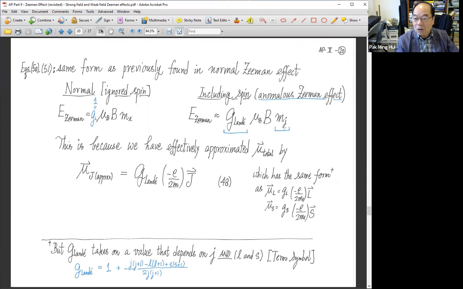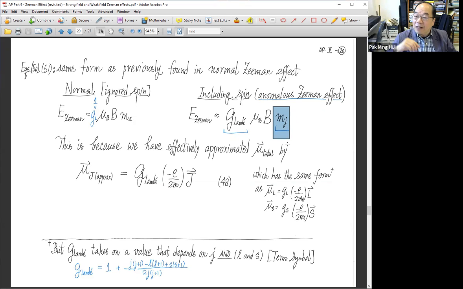So for example, P state, L is 1, spin is half, J can be 3/2, 1.5, all right? Now, MJ in that case can take on 4 values: 1.5, 0.5, minus 0.5, minus 1.5. So with the external field, this J value, 3/2, will give us 4 levels, okay?